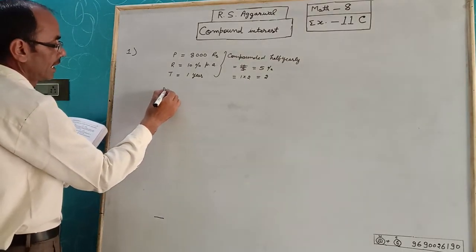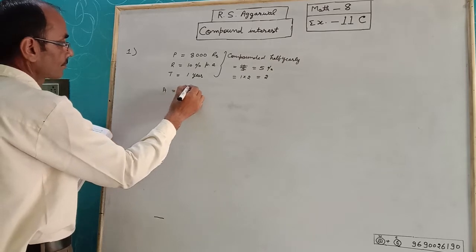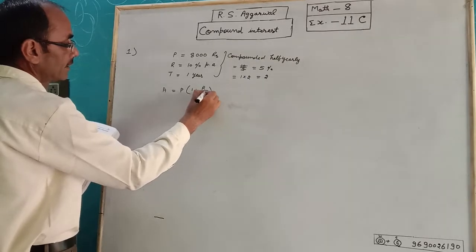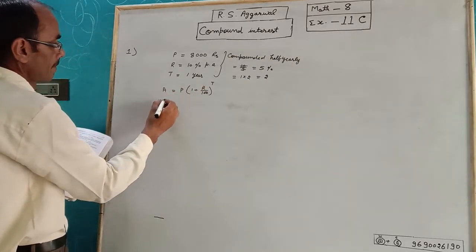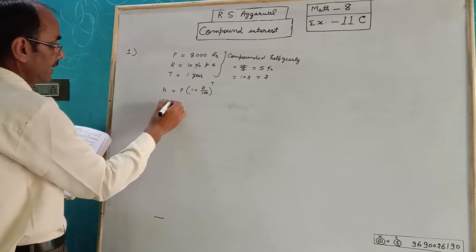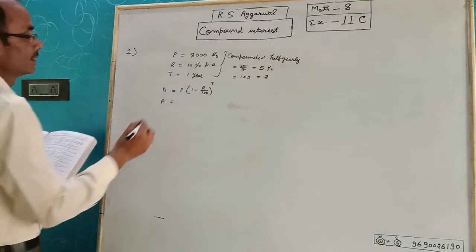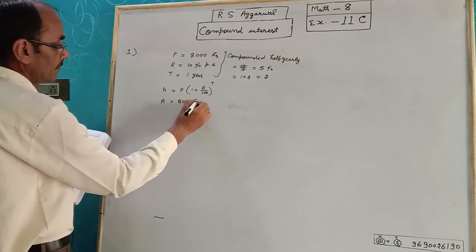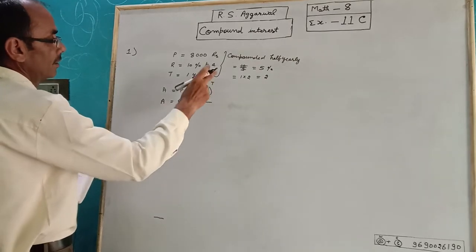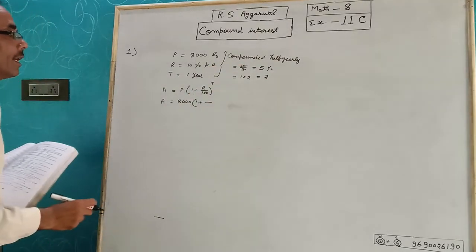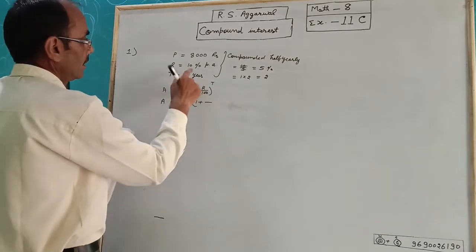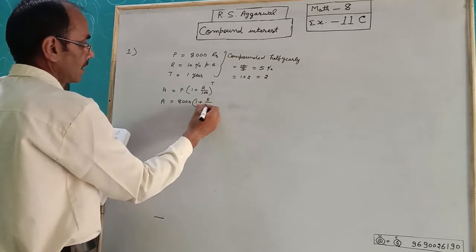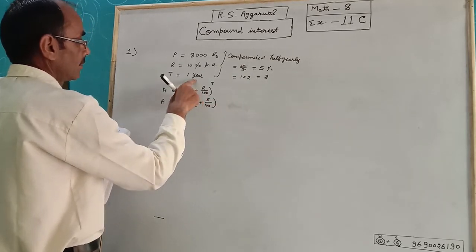Formula is amount is equal to P (1 plus R upon 100) power T. We first find the amount. P here is 8,000. 1 plus R will be, half yearly, R will be not 10, write the 5, upon 100 power.